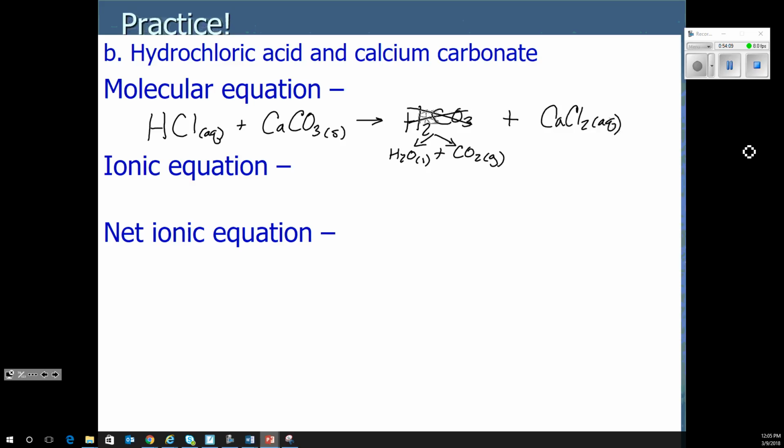Go on to your ionic equation. Oh, make sure it's balanced because I don't think it was. No, it is. H plus is an ion. It's an acid.